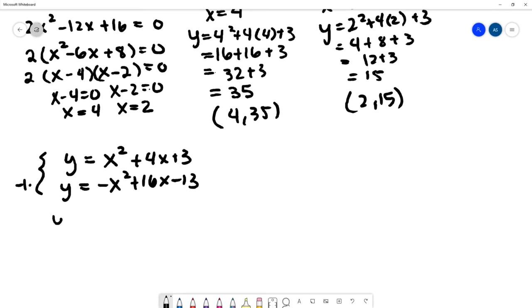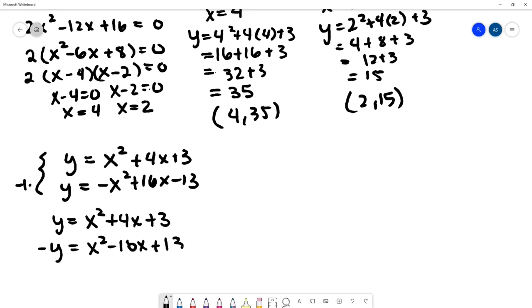So this gives me the system y equals x squared plus 4x plus 3, and negative y equals x squared minus 16x plus 13.